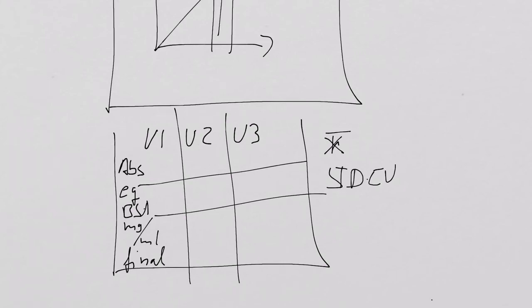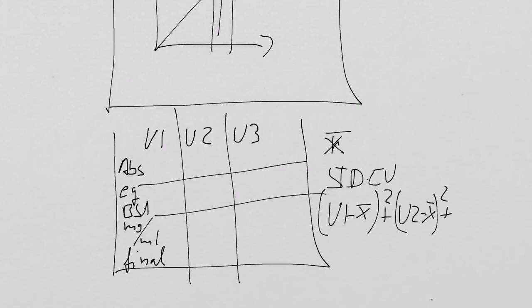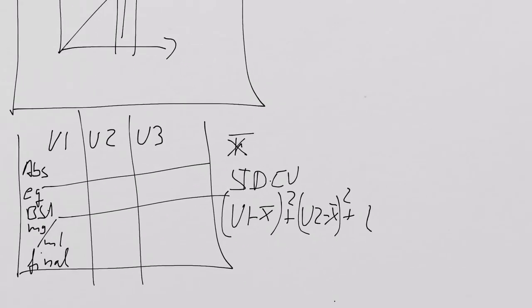You've got the equations, and it's only 3 data points, so you just simply say x u1 minus x bar squared plus u2 minus x bar squared plus u3 minus x bar squared divided by how many?